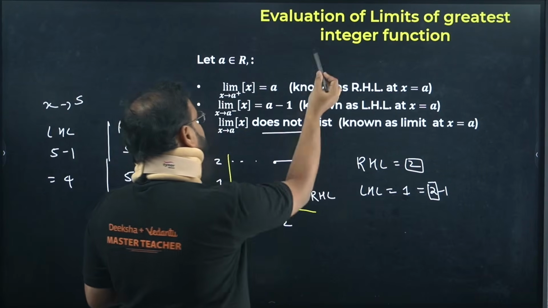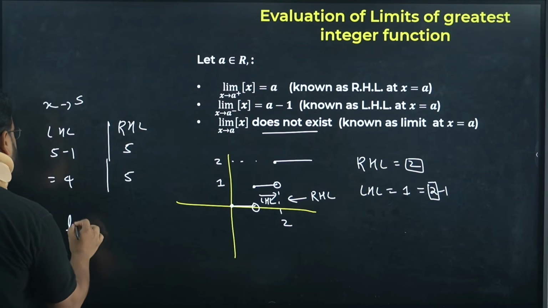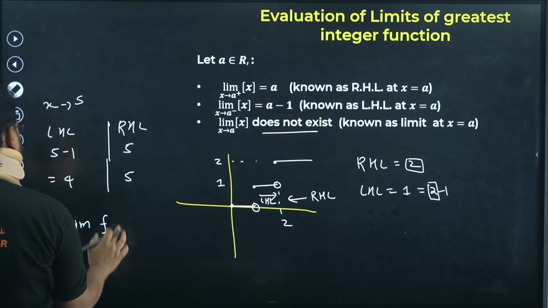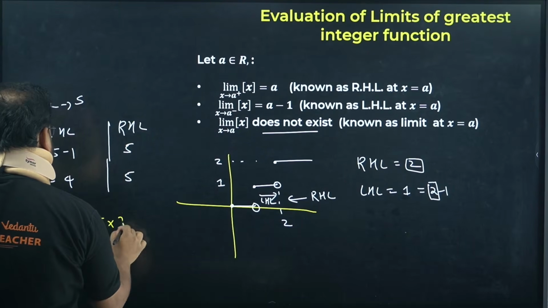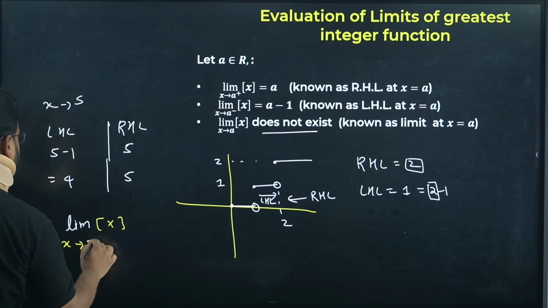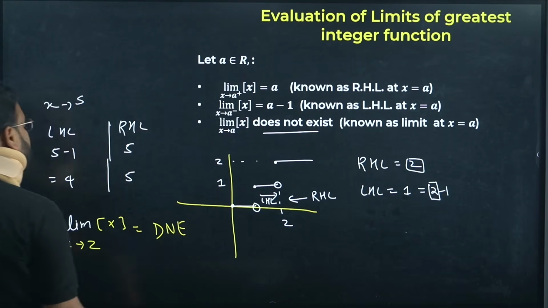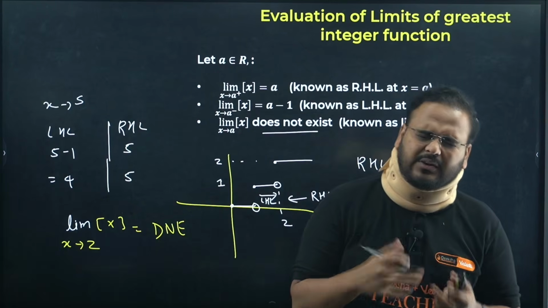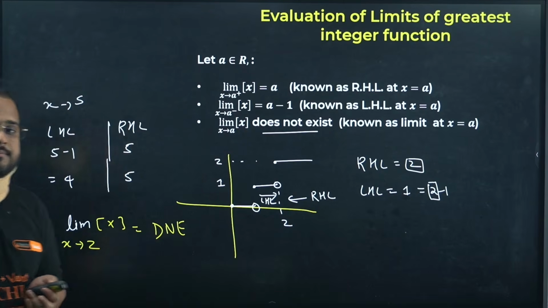So for any greatest integer function, when x tends to an integer, the limit does not exist. At the integral value only, whether it is 1, minus 1, minus 2, whatever it is, at the integral value the limit does not exist.